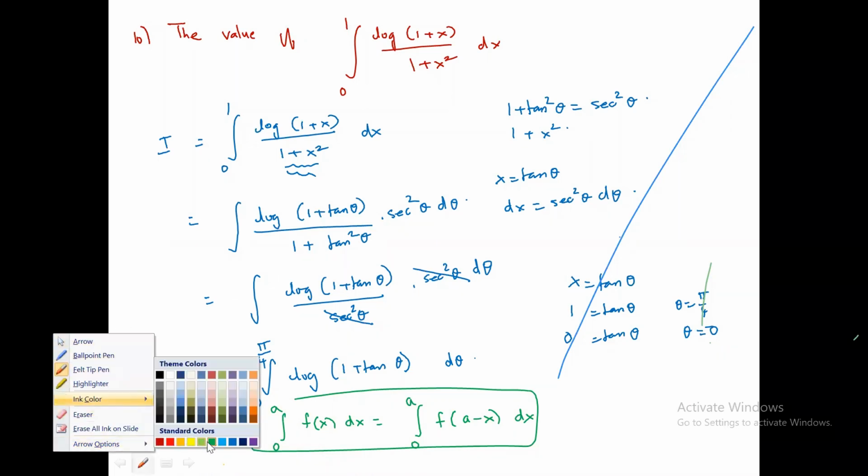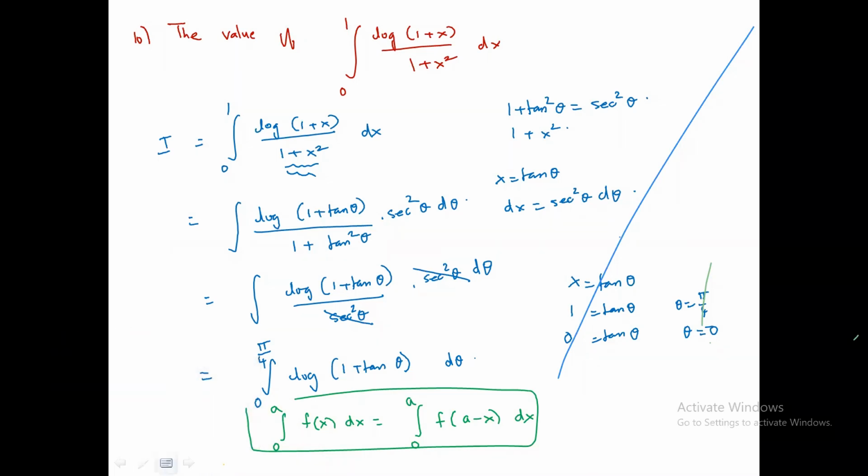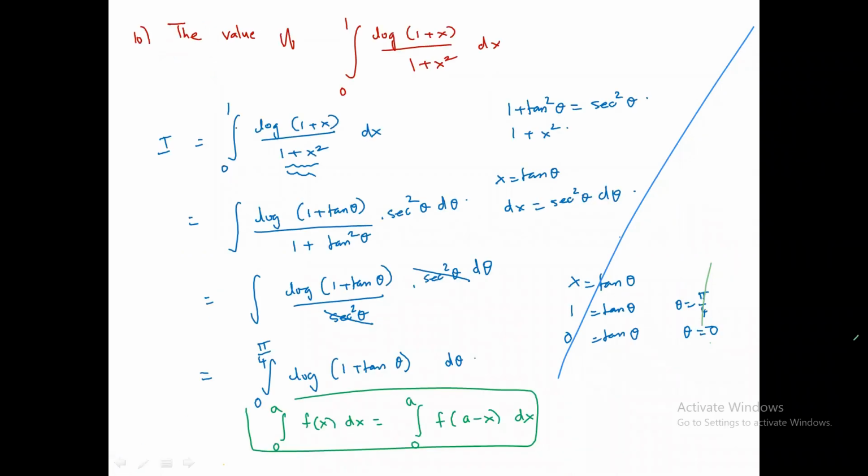Okay. So what should I do? On the next page, I will write the integral from 0 to pi by 4. That's why I changed the boundaries. Initially, what was the boundary? 0 to 1. But now I changed it to 0 to pi by 4. I have log of 1 plus tan theta d theta.